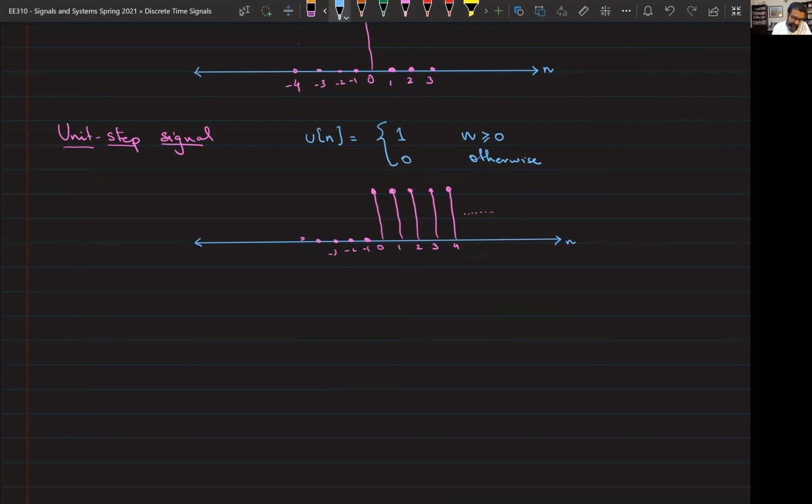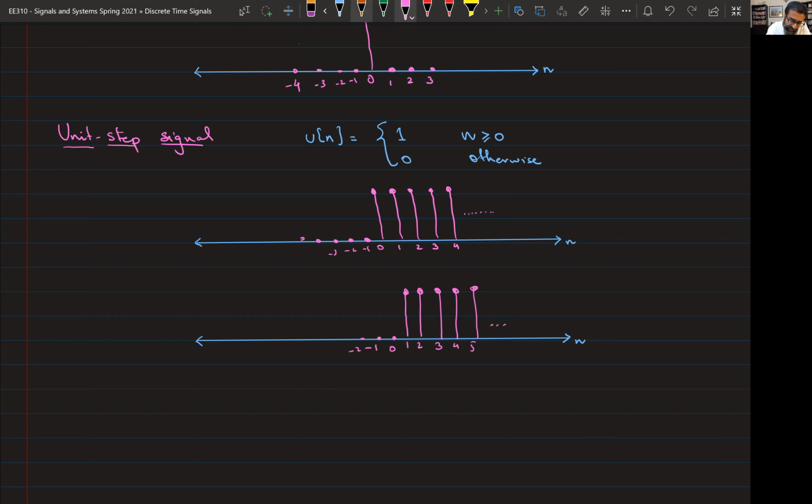All right, so it turns out that if this is u of n, and I take another signal, a shifted unit step, with this being n, this is 0, this is -1, this is -2, this is 1, 2, 3, 4, 5, and so on and so forth.